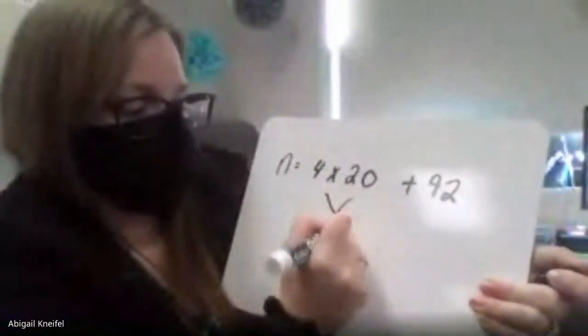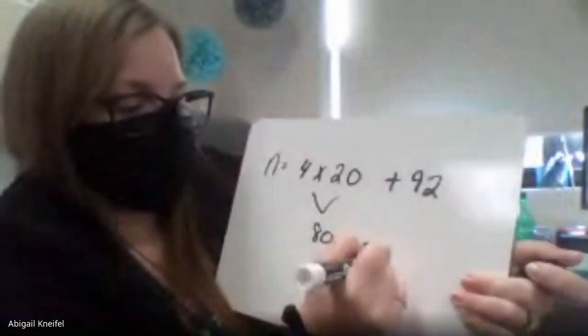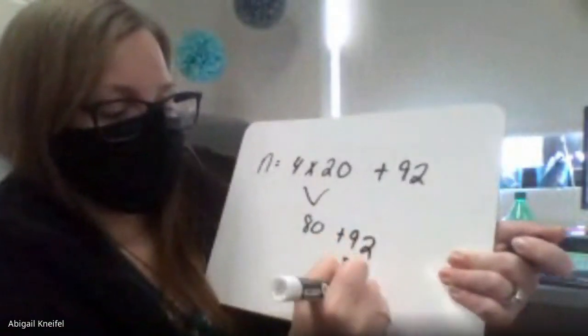So we got to find the value of N. So the first thing I need to do is still order of operations. 4 times 20 is 80. 80 plus 92. N equals 172. And remember, you have to write N equals. That's important.